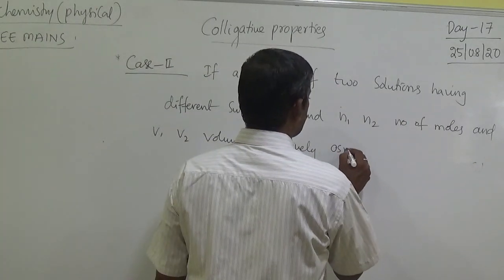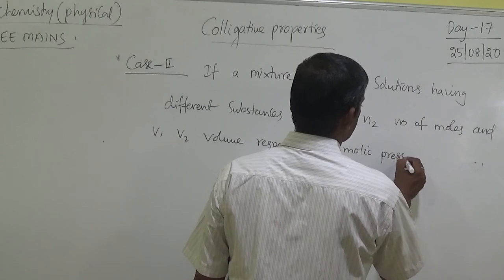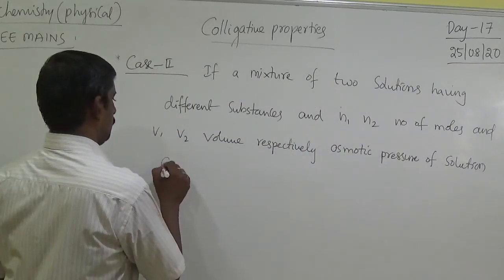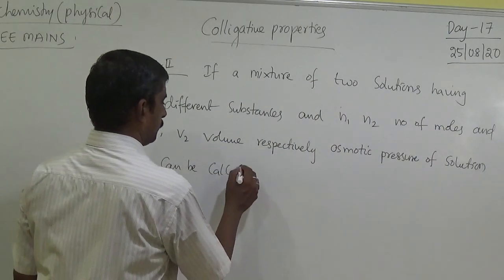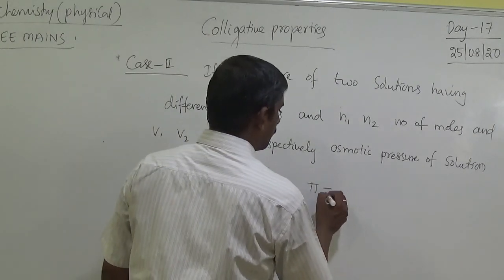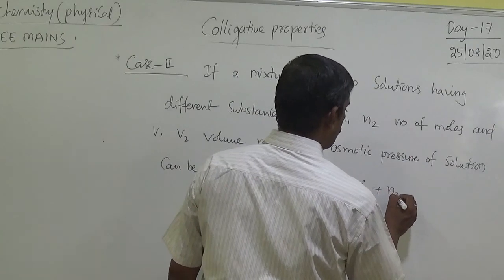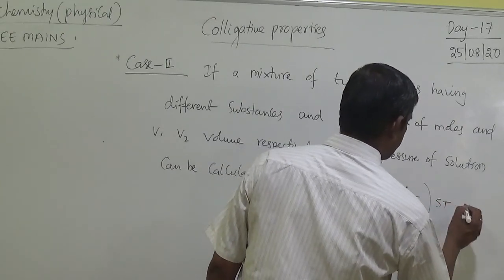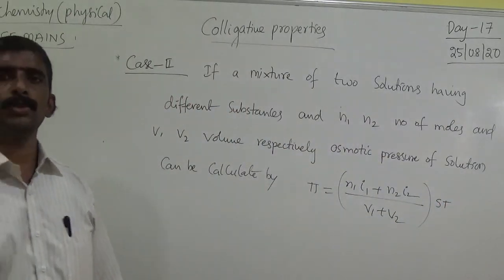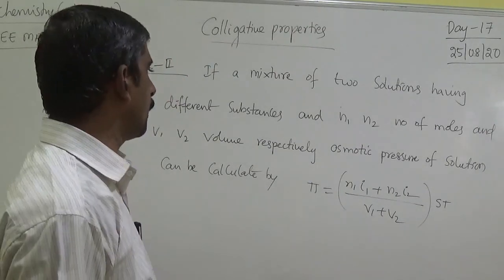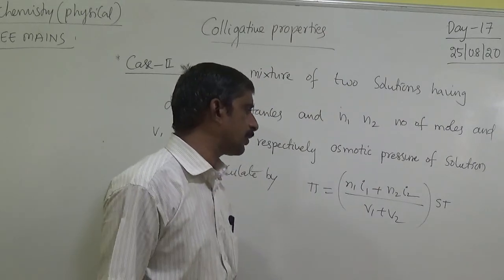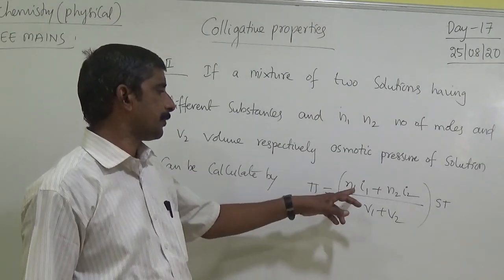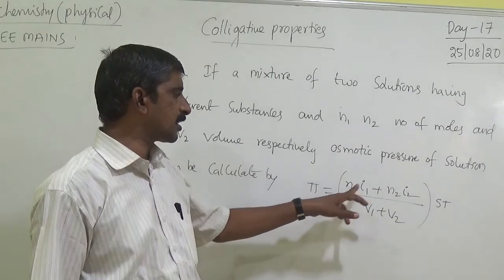The osmotic pressure of the solution can be calculated by the formula pi equal to N1 I1 plus N2 I2 by V1 plus V2 into ST. S means solution constant; instead of S we use the ideal gas constant R. Pi equal to N1 I1 plus N2 I2 by V1 plus V2 into ST. Here N1 and N2 mean number of moles of the first and second solution solutes.